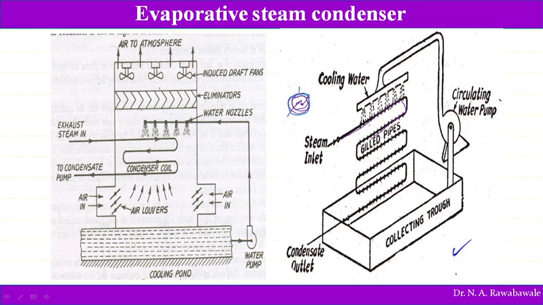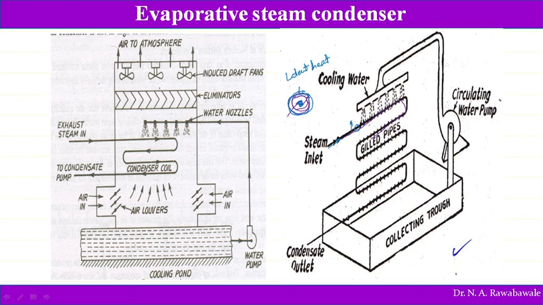This layer absorbs the latent heat of vaporization and gets evaporated by absorbing heat from the steam, and the steam inside the tube gets condensed. So when steam enters the tube, it transfers its heat to the water, some part of the water on the surface of the tube gets evaporated, and the steam gets condensed. Therefore it is known as an evaporative steam condenser.